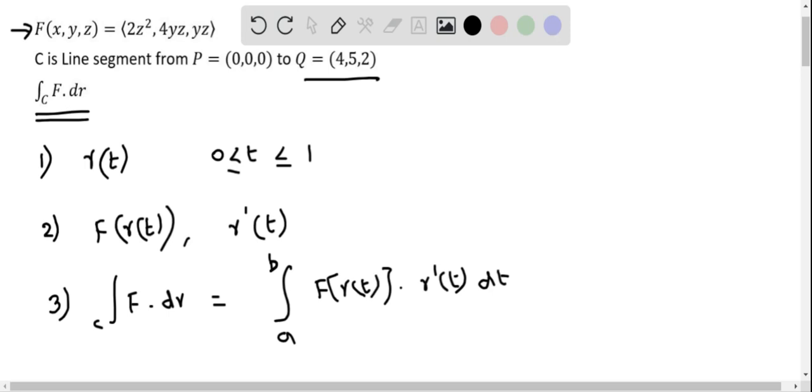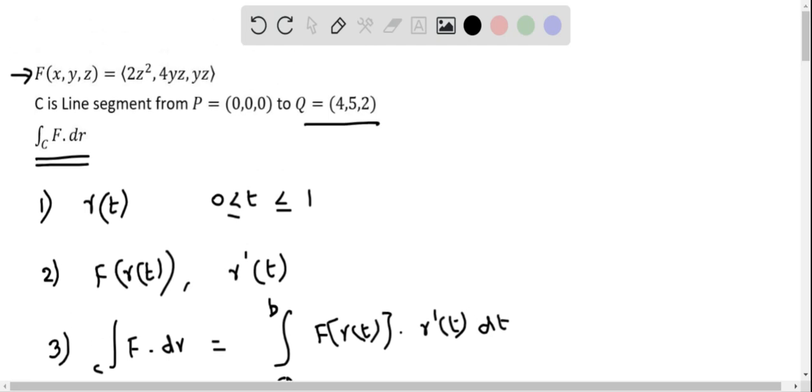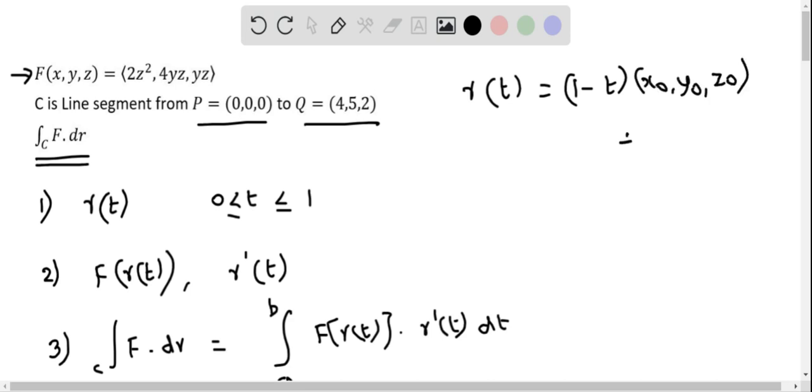Let's now parameterize the given curve, which is basically the line segment that goes from the point P, 0, 0, 0, to 4, 5, 2. We will be utilizing this formula: r of t is equal to (1 minus t) times (x naught, y naught, z naught) plus t times (x1, y1, z1).